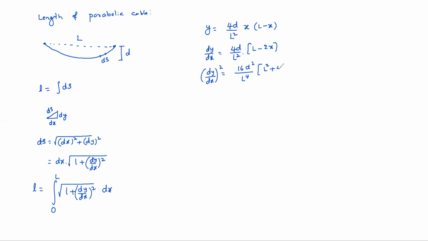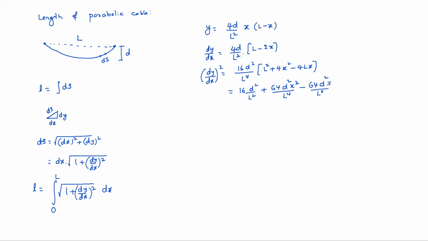16d square by L power 4 into L minus 2x whole square, means L square plus 4x square minus 4Lx, right? That is dy by dx whole square, which is equal to 16d square by L square plus 64 d square x square by L power 4 minus 64 d square x by L cube.